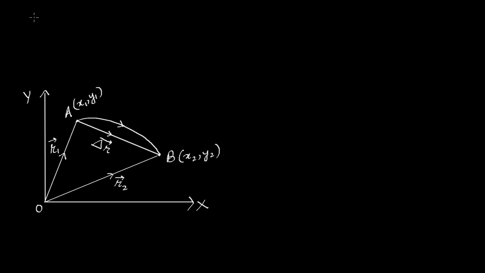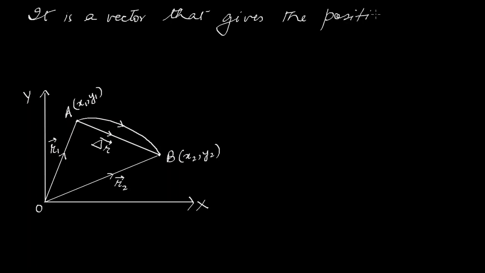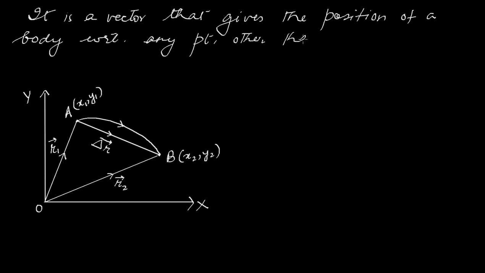So you can say that it is a vector that gives the position of a body or a particle of a body with respect to any point other than the origin.